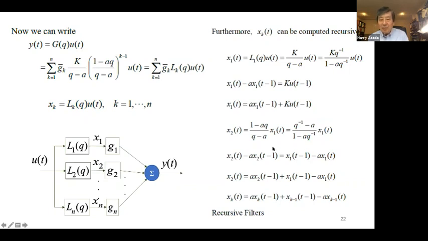Okay, now moving this one to the right hand side, x2 t can be computed based on the x2 at one step back, and then actually result from the current x1t and x1t minus 1. Added in this way, you can actually compute the x2t. So in general, k step xk can be computed in this way.